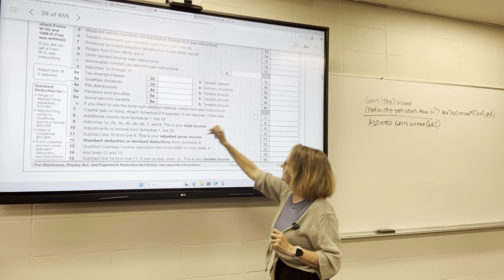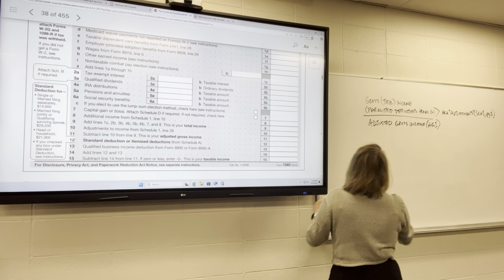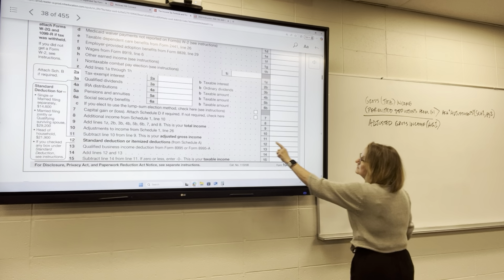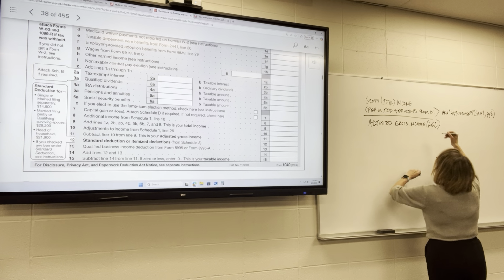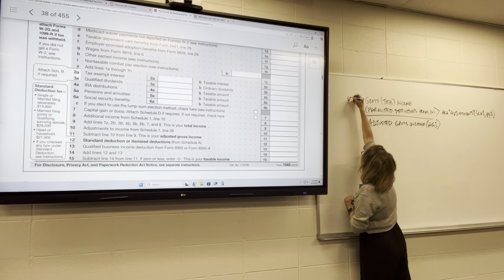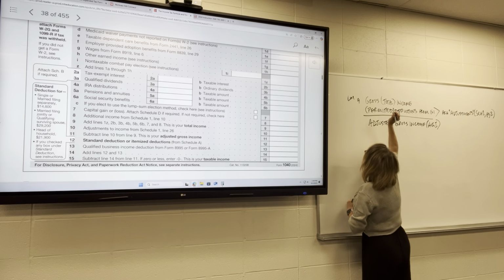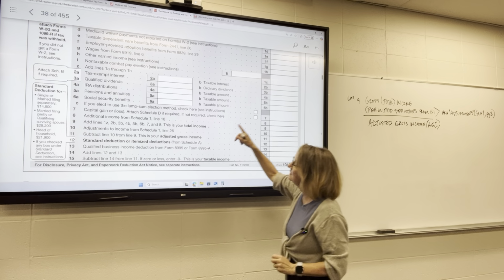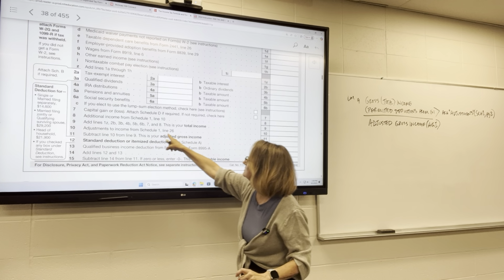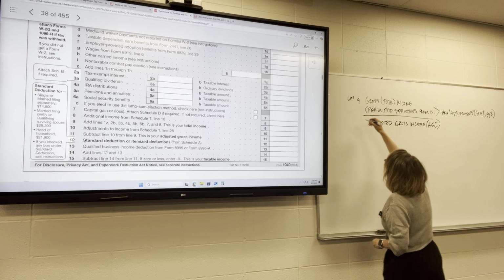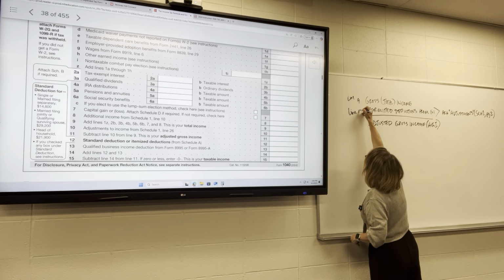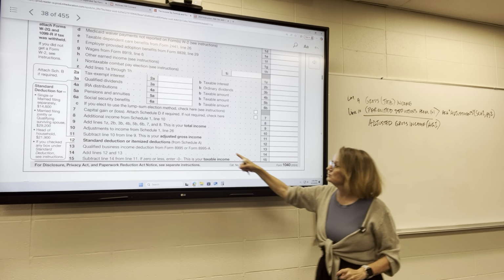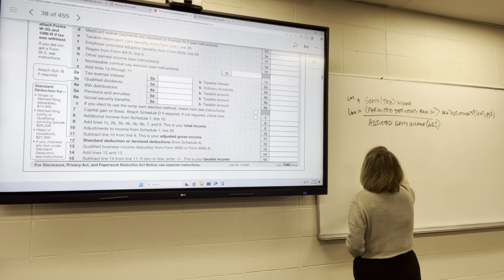There's a line here. So our total income, this is line 9, goes there. Our permitted adjustments, line 10. And then our adjusted gross income is line 11.